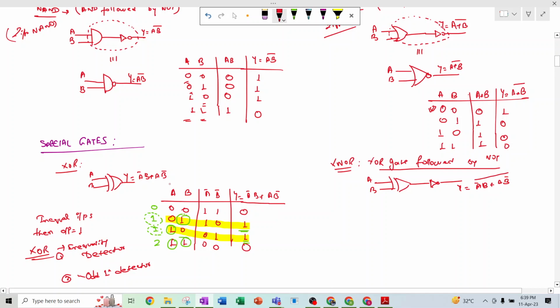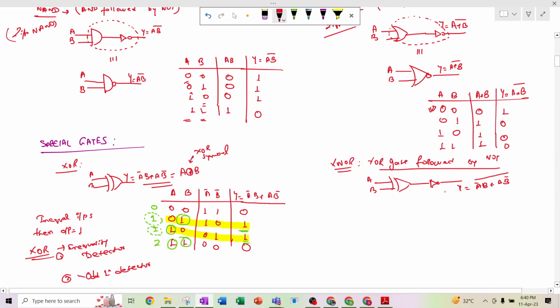I forgot to tell one thing: the XOR can be referred to by this symbol, the plus sign inside the circle. This is known as the XOR symbol.